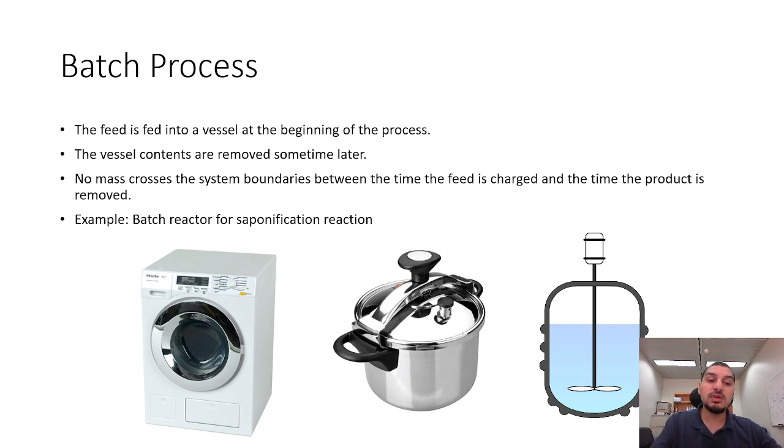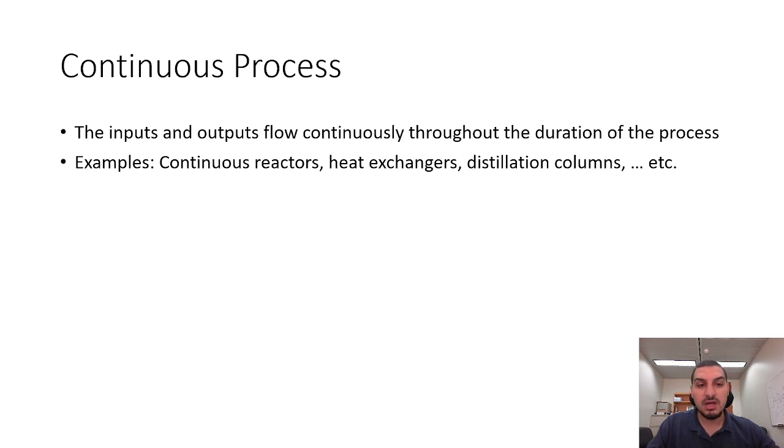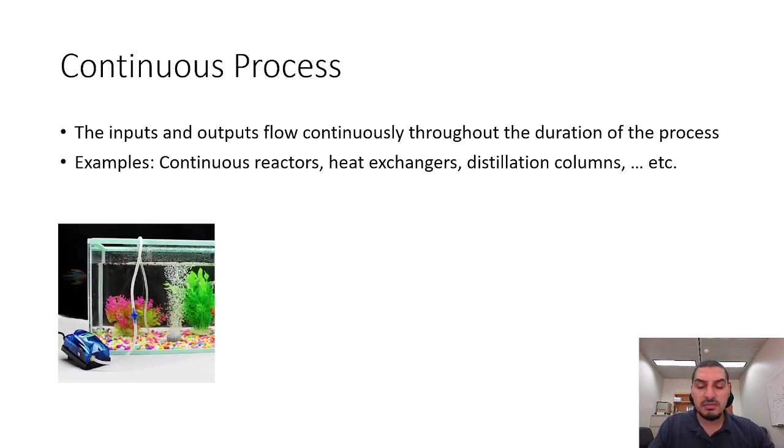The second is the total opposite, where we have continuous flow in and continuous flow out of the process. And there are many examples. The example here is the small air compressor that we use with the fish tank. For the fish tank, we need to have a continuous supply of air to renew the oxygen in the water.